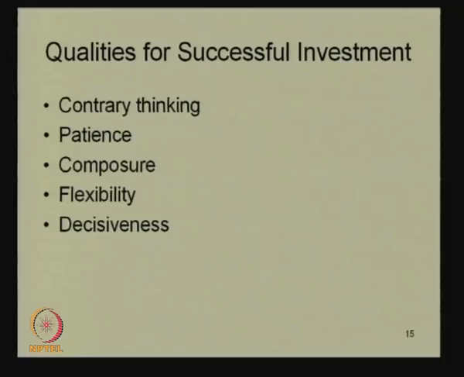So, that is why we should think about some innovation in the investment process. The innovations can be made: you can think in a contrarian way, you should have a lot of patience, you should be very composed, you should be very analytical before investing, you should have flexibility, you should not be biased toward a particular stock or a particular industry, otherwise the investor cannot maximize the return. Then finally, you should be very decisive.